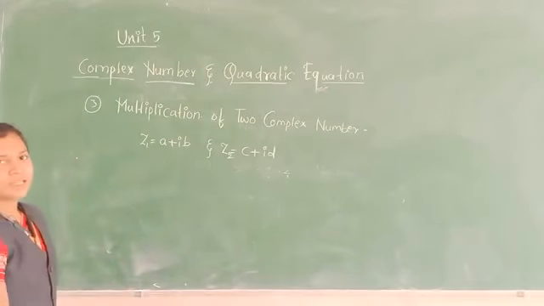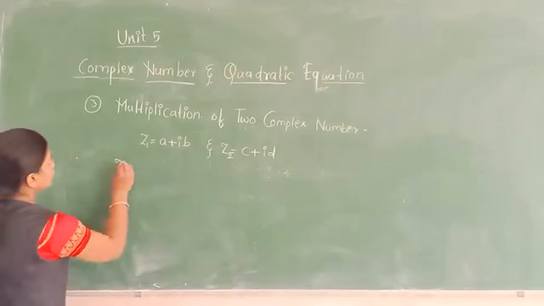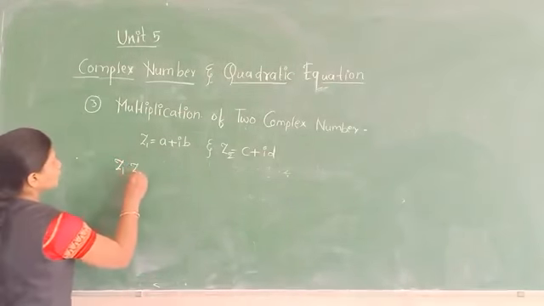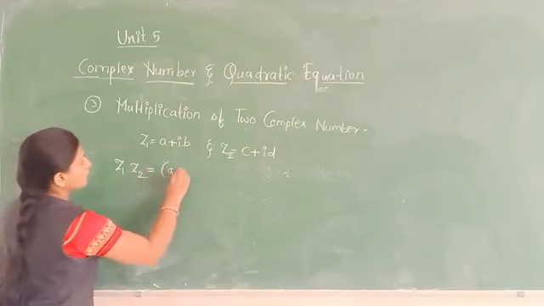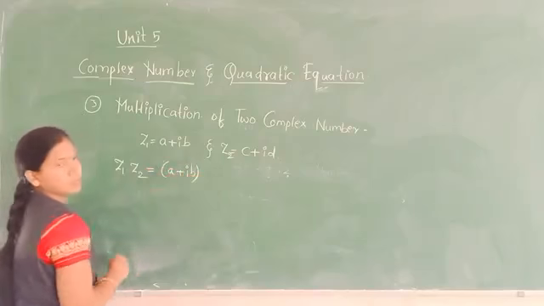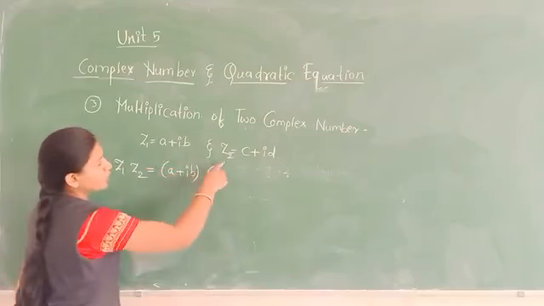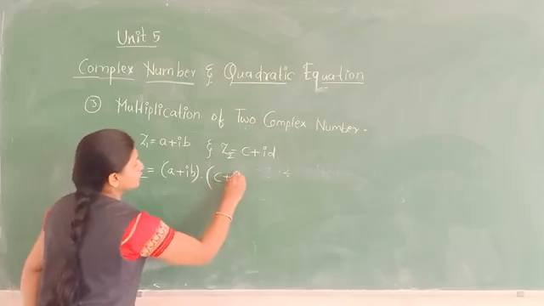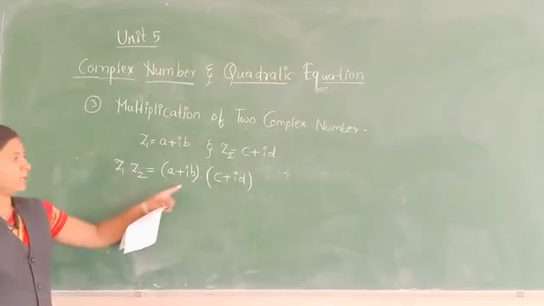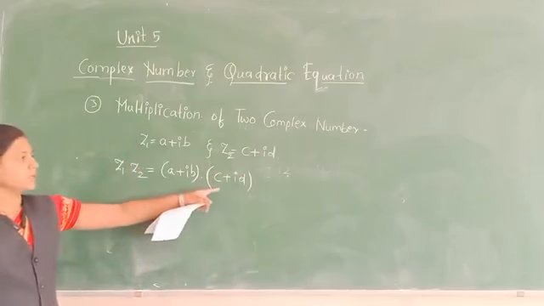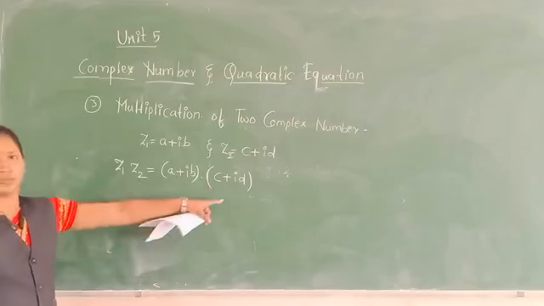Then we have to multiply these two complex numbers. That is Z1 into Z2. That is a plus ib into Z2, here c plus id. Z1 is a plus ib into bracket c plus id. This is Z2.